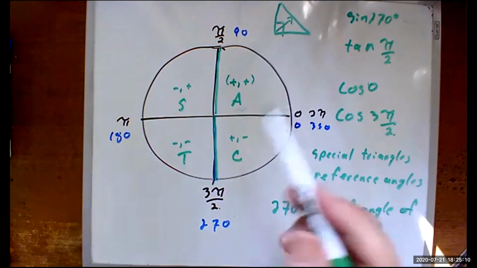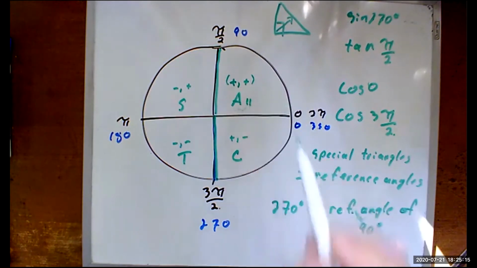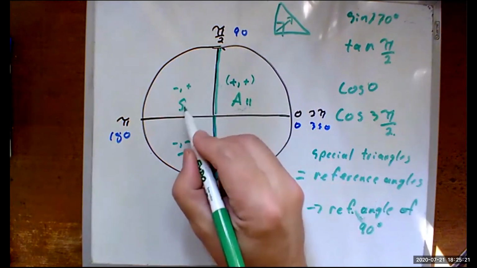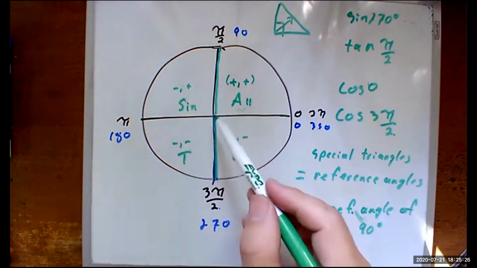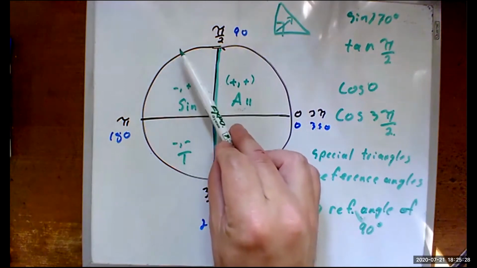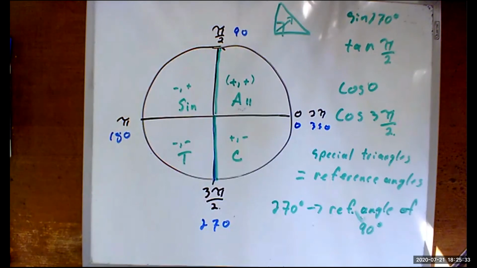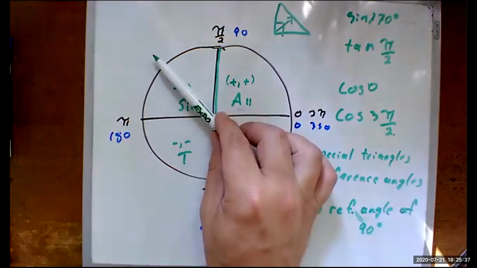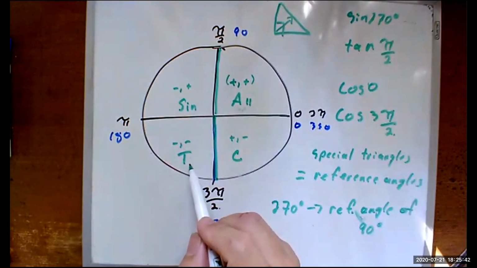Starting in the bottom right-hand corner, you can write the word CAST. Okay? And what this means is, in this quadrant, everything's positive. A stands for all. In quadrant 2, it means that sine is positive, which means that when you're dealing with your reference angles and you have something fall into this quadrant, unless you're dealing with the sine of that angle, it's going to be negative.